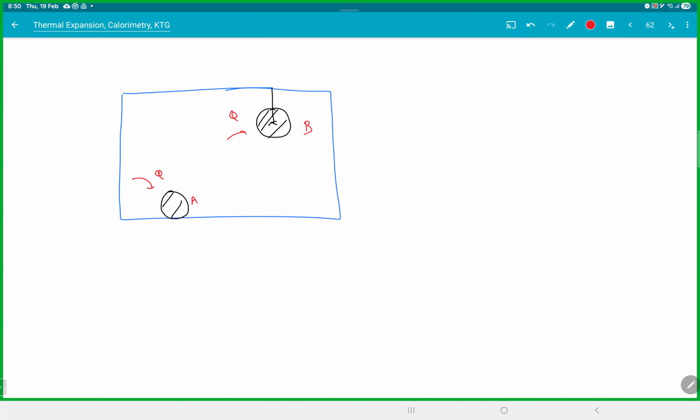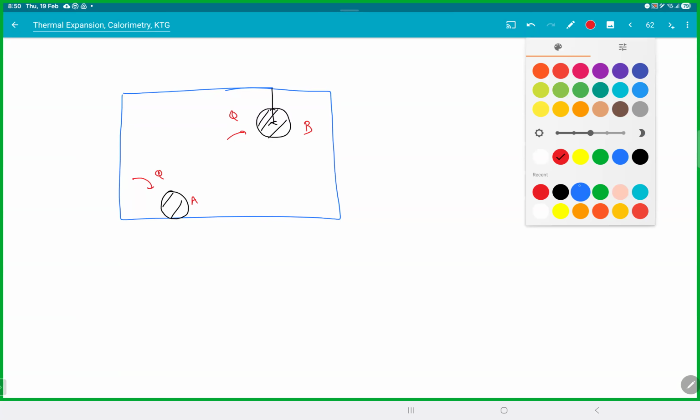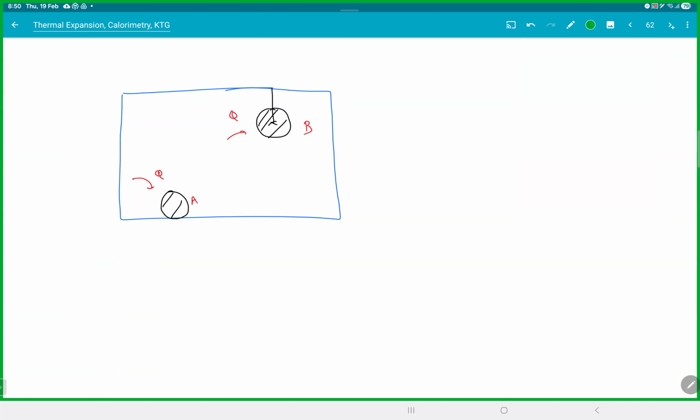The catch was this. Listen, when you increase the temperature, the body is going to expand. When the body expands, this ball here will become like this, whereas this ball here will expand like this. Did you notice something? If you expand like this, what happens? Look at the center of mass.